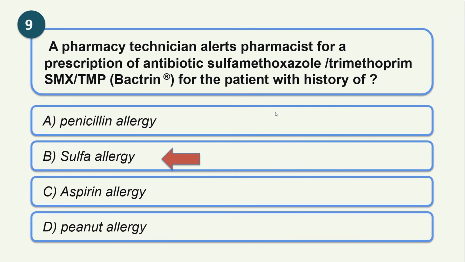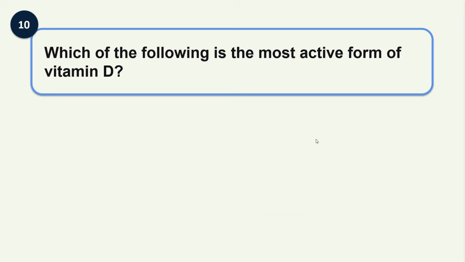Antibiotics like SMX-TMP all have cross allergy to sulfur. So therefore, patients who have a history of sulfa allergy should avoid taking this medication.